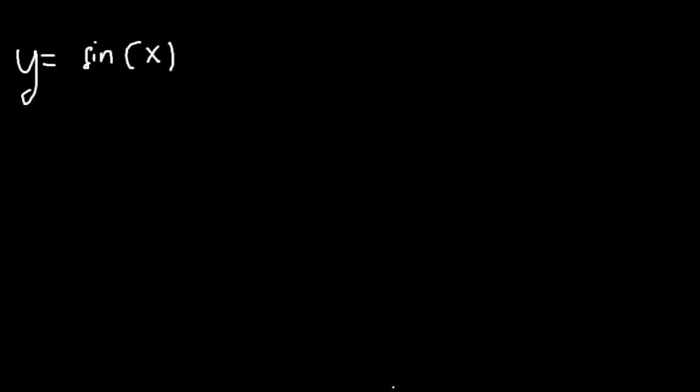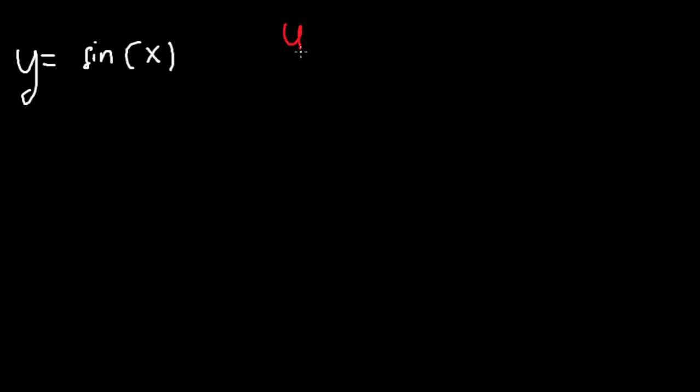Given the function sine of x, let us find the amplitude, the period, the vertical and horizontal shift, and let us graph the function. Now, remember the general formula for the sine function.